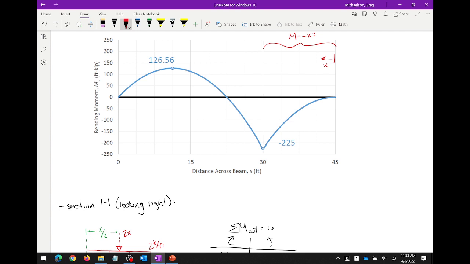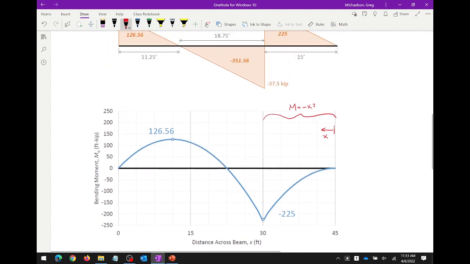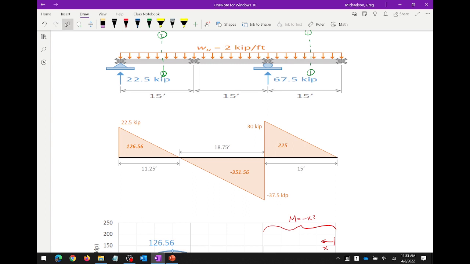So now what we'll do is we'll look at section 2-2. So here's the beam, and so I cut a section at 2-2. Which way should I look? To the left, right?